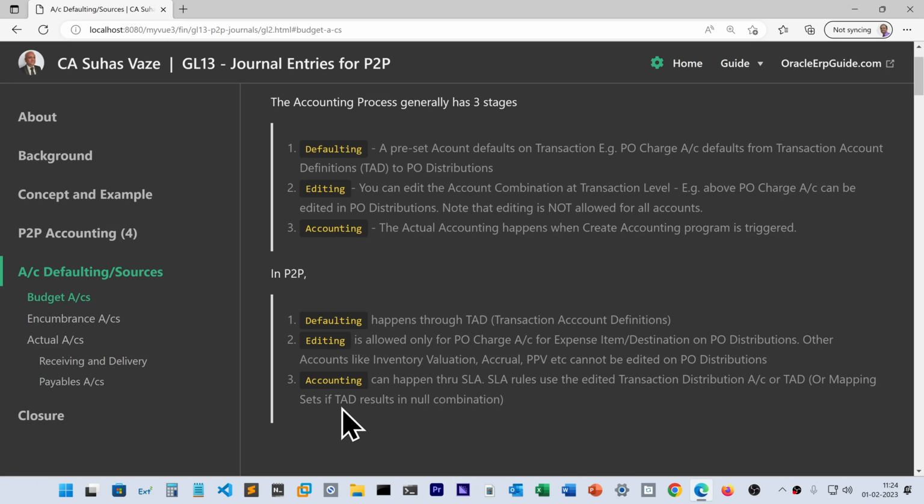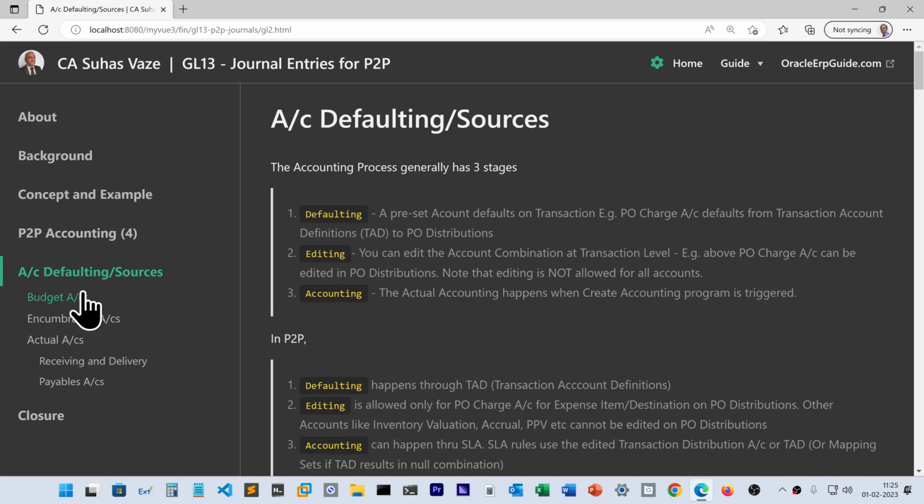And then the final accounting can happen through the subledger accounting. The SLA rules will use the edited transaction distribution account, or it will use the transaction account definition, or the mapping sets if TAD results in null combination. We'll see how this works.